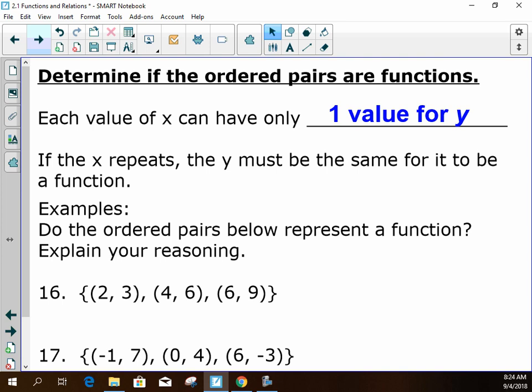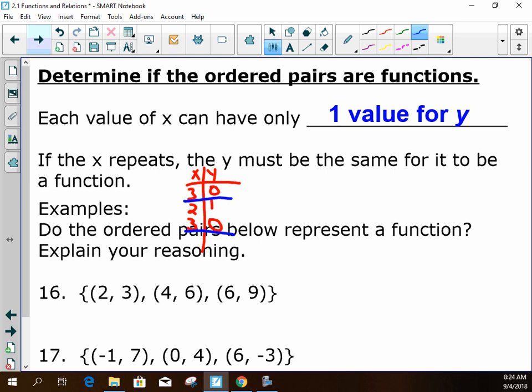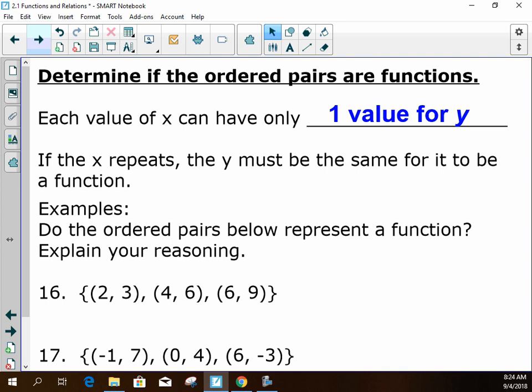What does that mean? Well, here's your x and y. So I have 3, 2, 3. So this 3 equals 0. This 2 equals 1. And then this 3 equals 0. Guess what? These are the same points. This is 3, 0. This is 3, 0. Even though your x's repeat, they have the same y value, so they are a function.